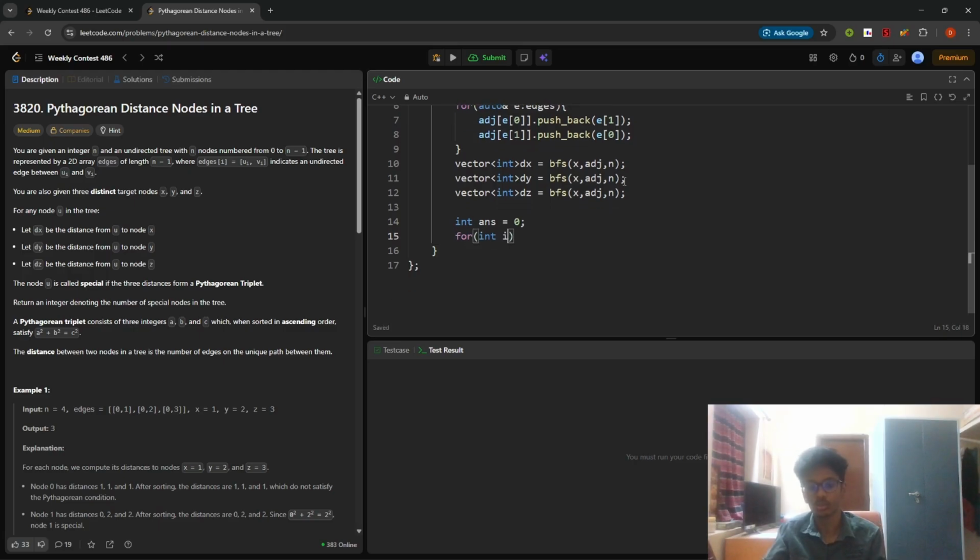Initially I don't know how many Pythagorean triplets there are. Now I just need to iterate over this and find arr equal to dx of i, dy of i, and dz of i, and I would sort this in ascending order.